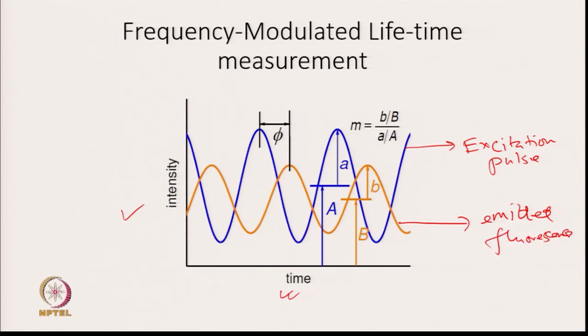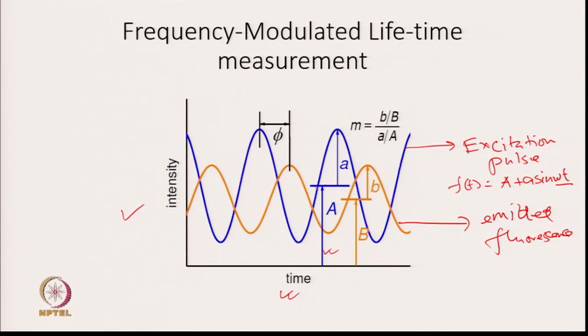If you remember, the excitation is given by the equation F t is equal to A plus a sin omega t, am I right? So, if omega t is 0, then F t is equal to A. Look, this is your intensity which is equal to A.